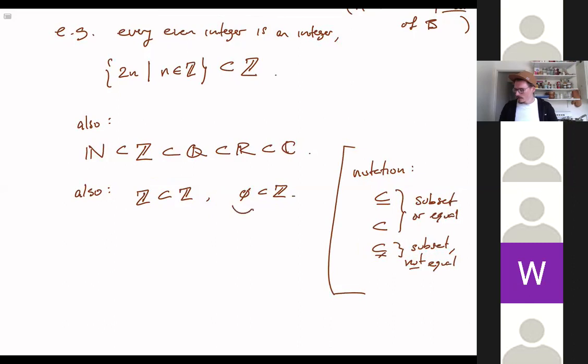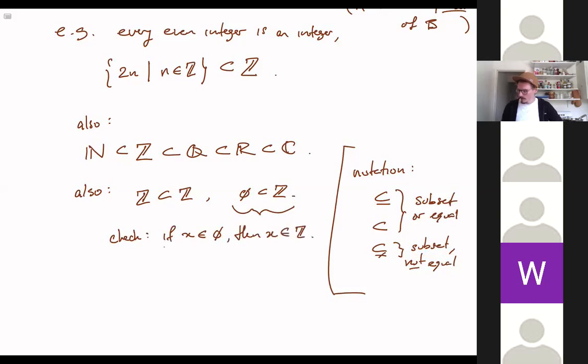What about this one? Let's check this real fast, just to be precise. What do we need to check to show that this is a subset? If x is an element of the empty set, then x is an element of the integers.